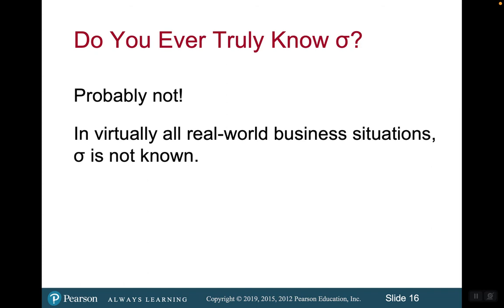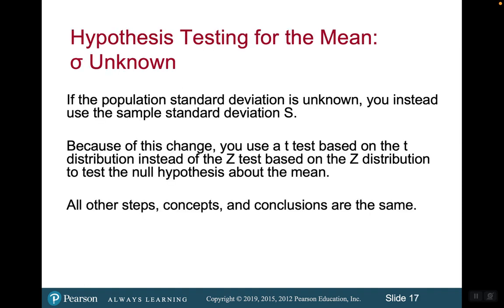And once again, as we said earlier about standard deviation, do we really know the standard deviation? In the real world, probably not. So a lot of times we will use the student t-table approach, which basically means we calculate the standard deviation of our sample and then use that as the approximation of the standard deviation of the population.